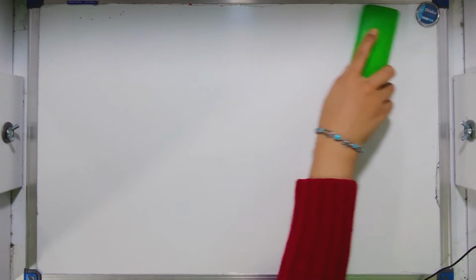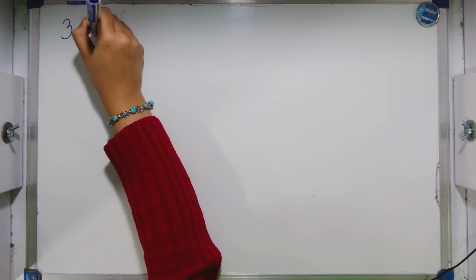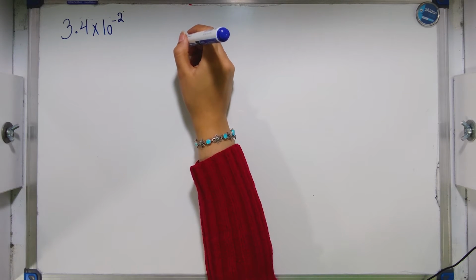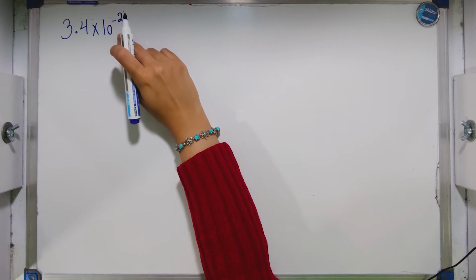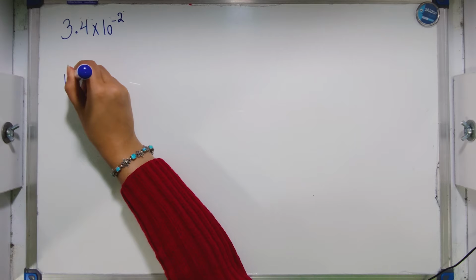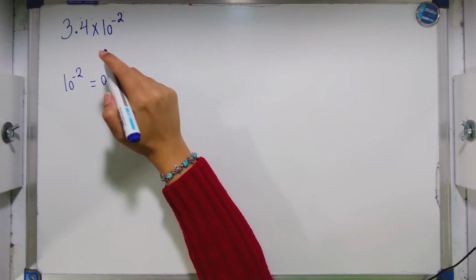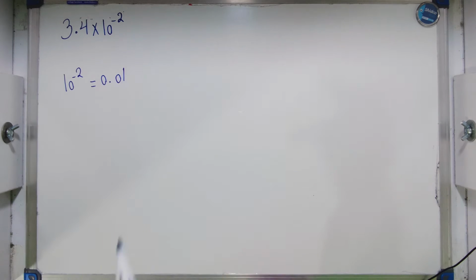Let's check it. Here, in this example, 10 to the power minus 2. 10 to the power minus 2 is talking about a small number. 10 to the power minus 2 itself is 0.01. So when you are multiplying by 0.01, you are making your number smaller.